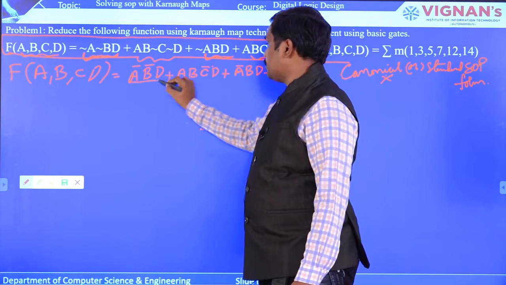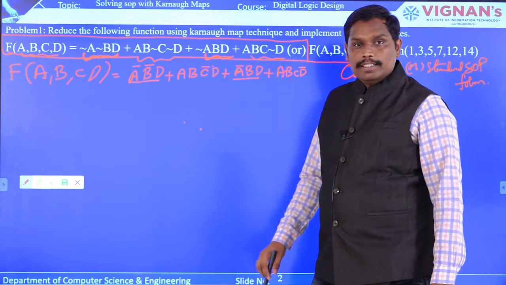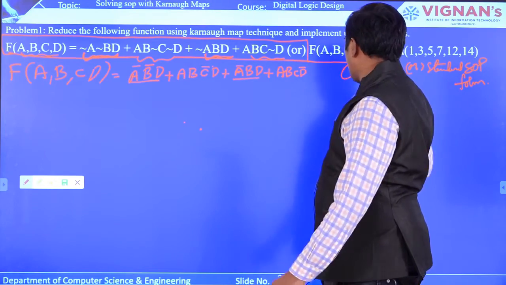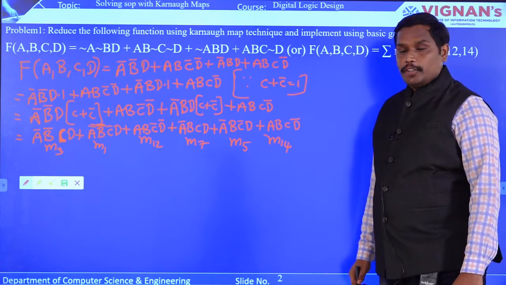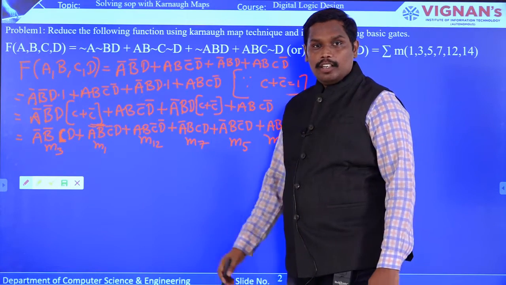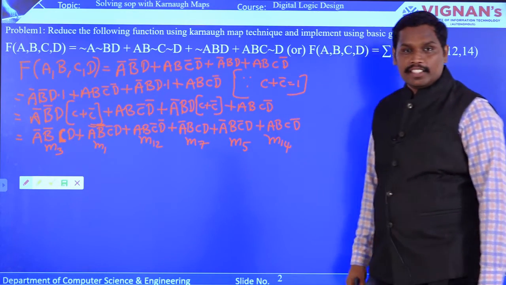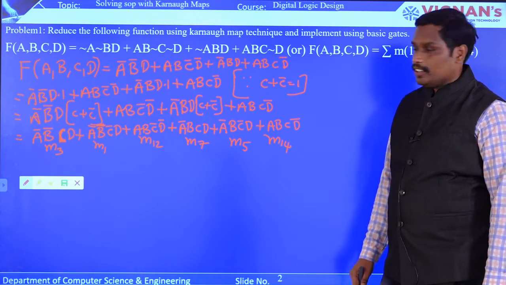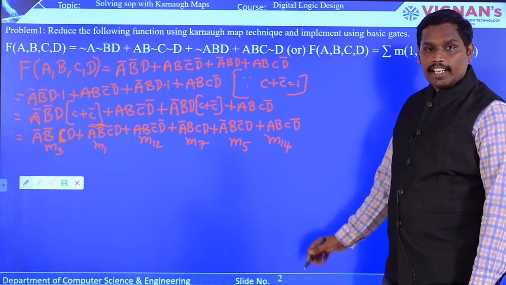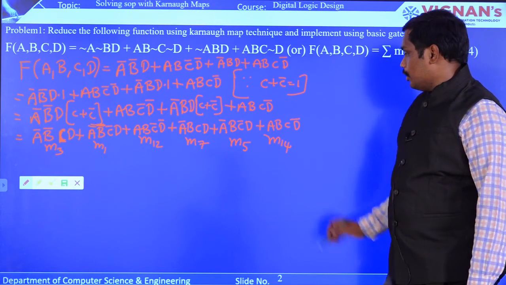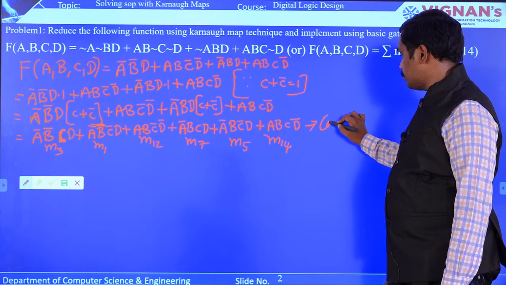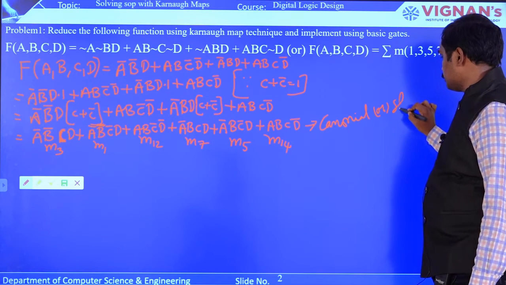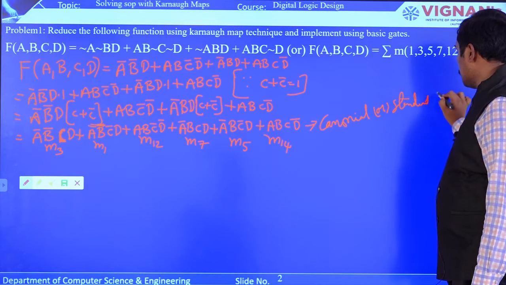In these 2 terms we are missing C. So, in order to make this into a canonical SOP form, you can see the expression is not in canonical or standard SOP form. That is the reason why we are going to do this transformation in order to get the canonical and standard SOP form, because in order to start the Karnaugh map, you have to have an expression in canonical or standard SOP form.